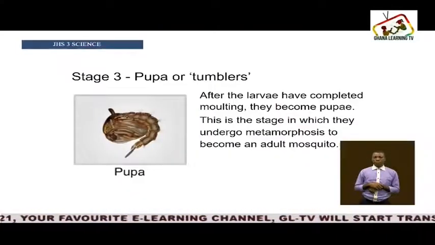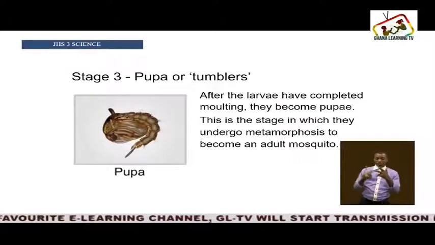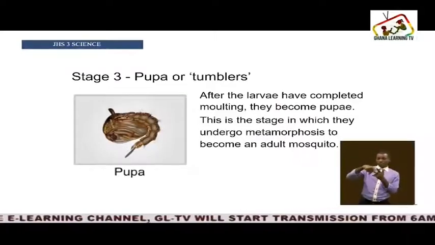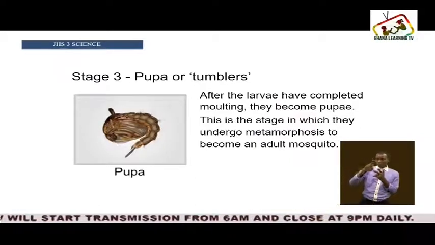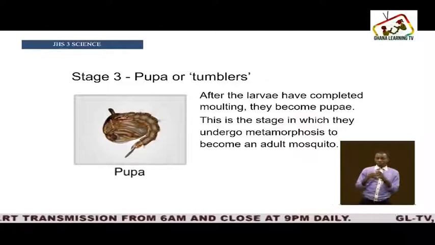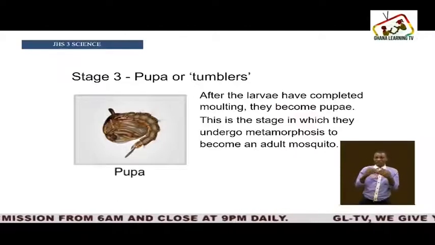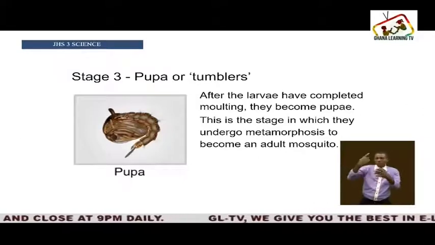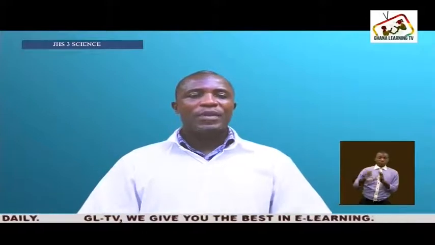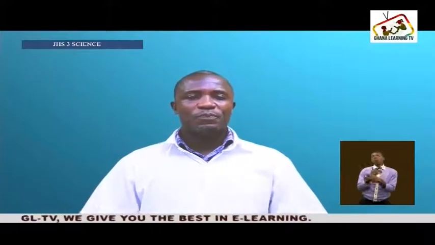The third stage is the pupa. And here, the case in which the pupa lives is called cocoon. Here is the resting stage for the development of the mosquito. The mosquito at this stage does not eat.